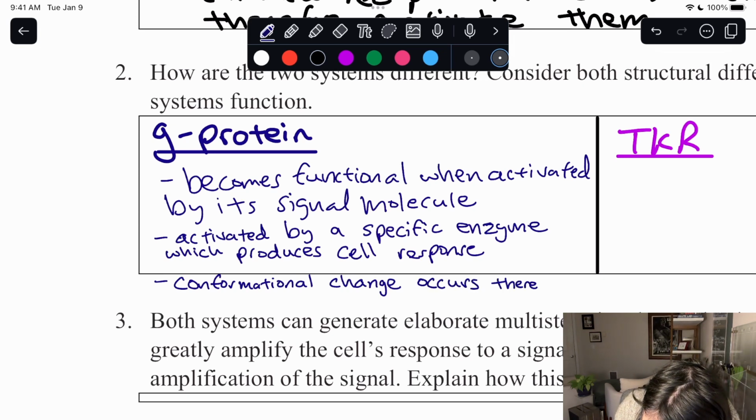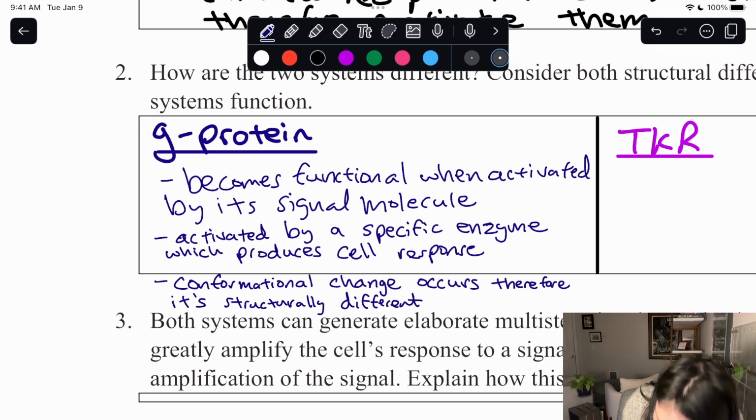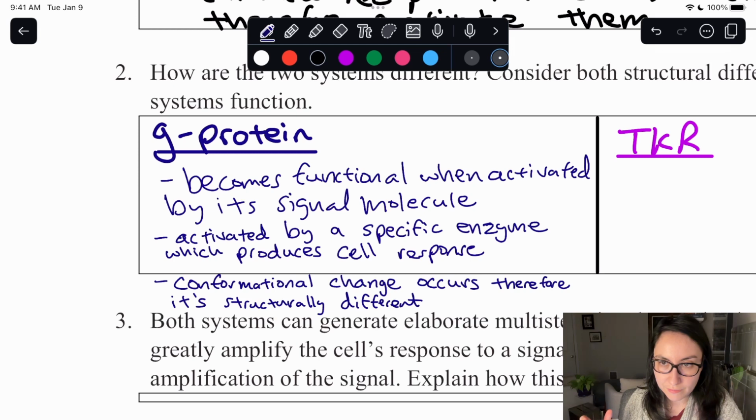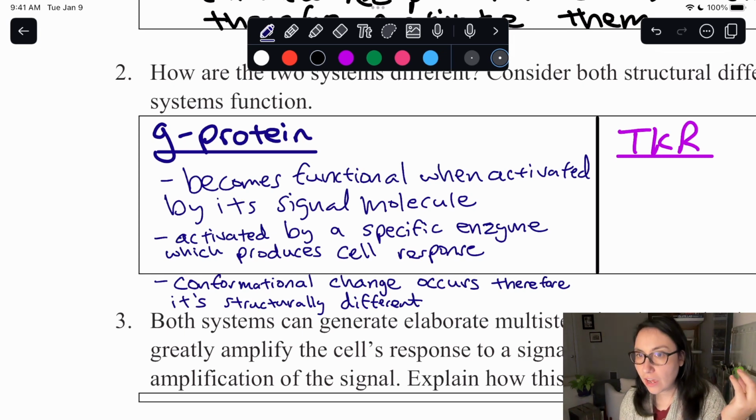Therefore, it's structurally different. Without going into too many details, especially for those watching who have not taken OChem yet, there's a difference between a conformer and then a constitutional or structural type of change or isomer.